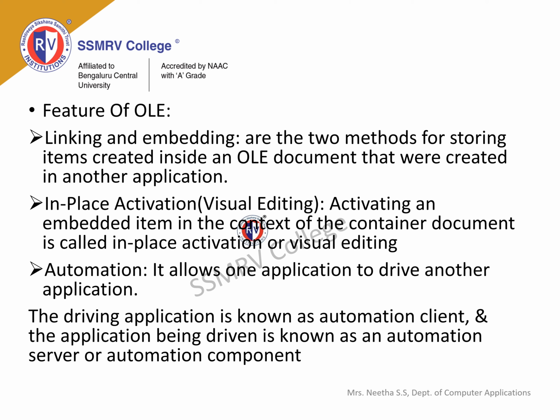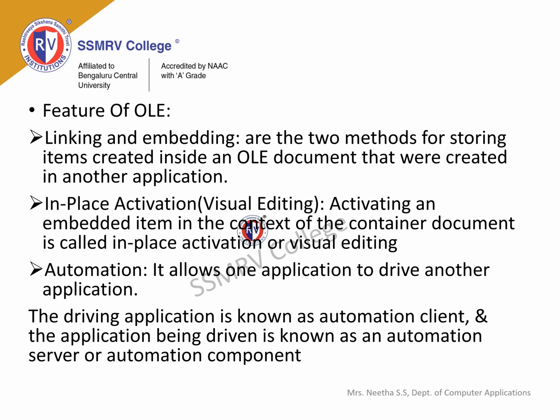Automation. Automation allows one application to drive another application. The driving application is known as the automation client, and the application being driven is known as the automation server or automation component.